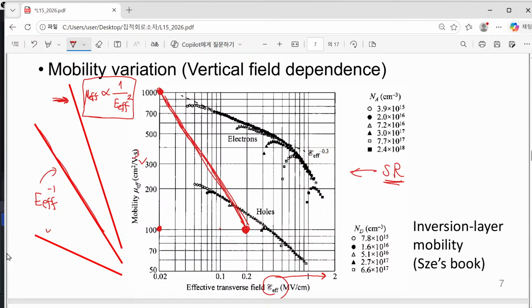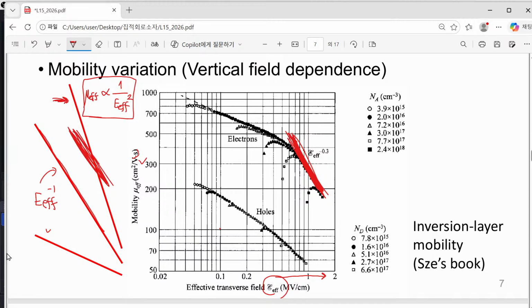And the point is, when you look at the behavior of your electron mobility, please try to draw a line. You can make eye guidance for your drawing, and let me just do it together. Maybe this is the line. Am I right?